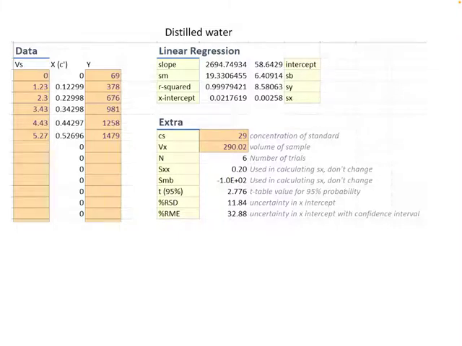The distilled water has an x-intercept, so this is the salinity of the distilled water, and this is the percent RME.